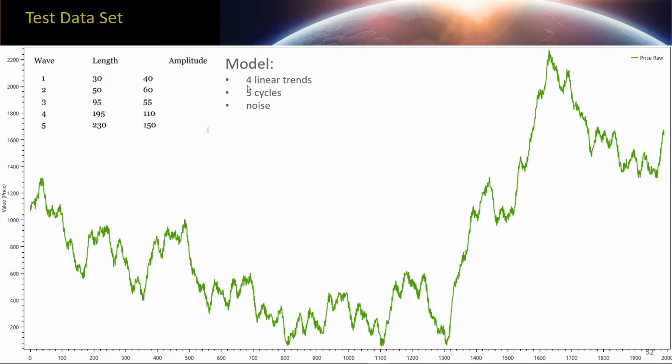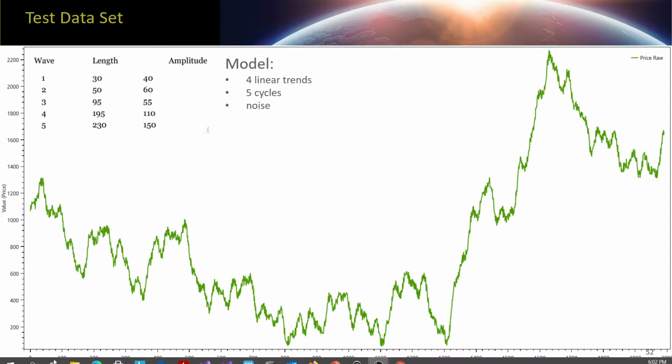And in addition, there is a lot of trend embedded in this data set besides these 5 cycles, and a lot of noise. This is what you often find in markets. So the first important point is for cycle analysis, we need to get rid of the trend.